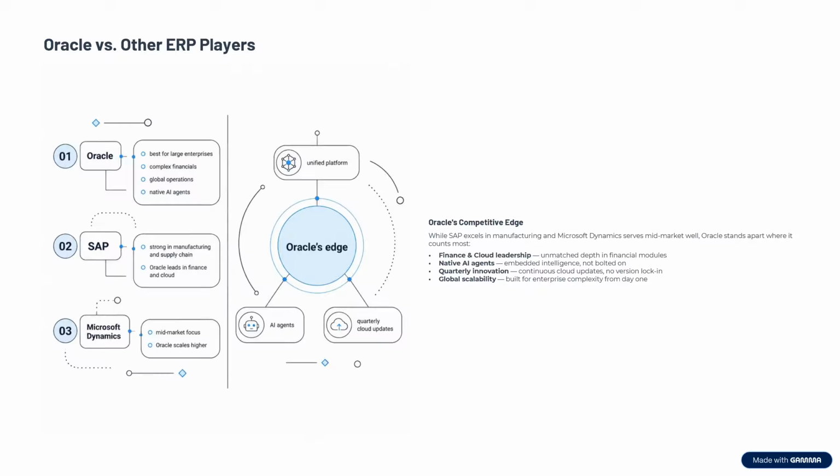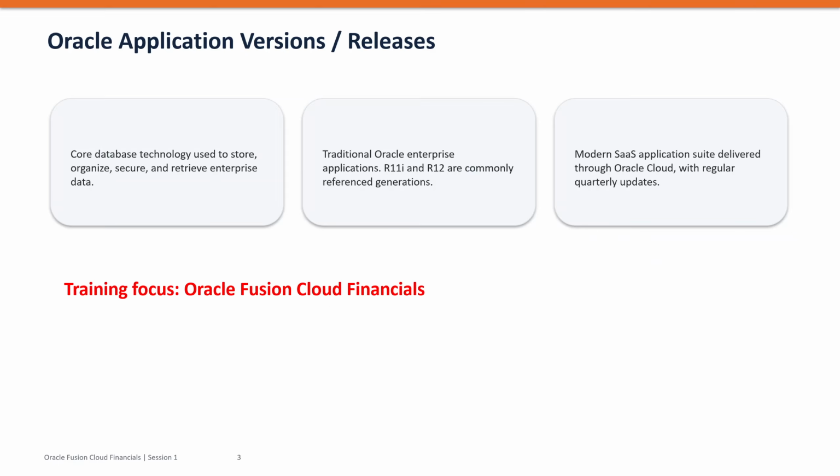It supports native AI agents and comes with quarterly updates. So this is the reason we choose Oracle instead of other ERP players. Oracle applications and versions we will discuss on that day.